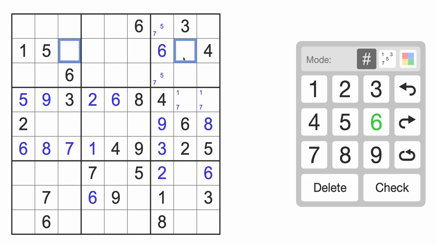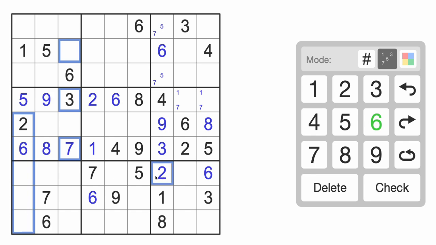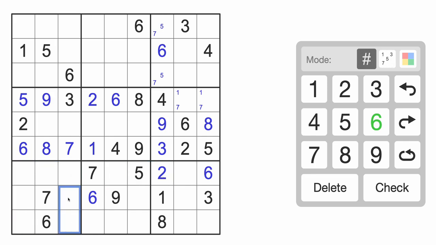Looking at row 2 and especially these two cells, this cell cannot be 3 or 7, and this cell cannot be 2 either, because 2 here blocks these and 2 here blocks these. So 2 in box 7 will be here or here. That means this cell cannot be 2, 3, or 7.